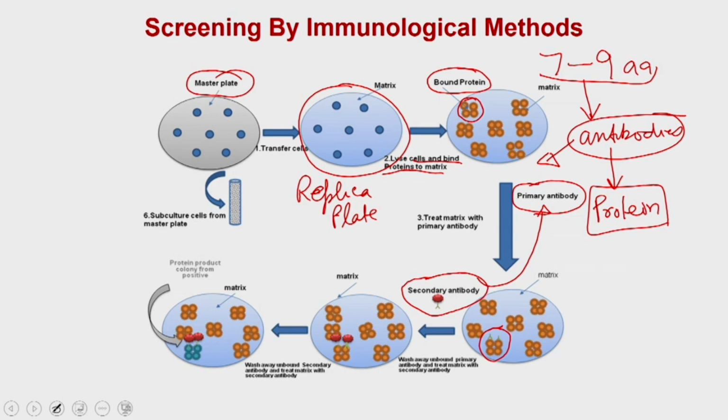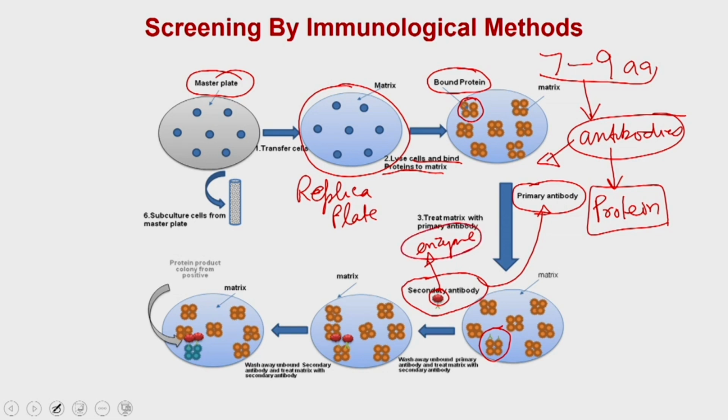Why is it called secondary antibody? Because you are adding it the second time. The secondary antibodies are also coupled to a particular type of enzyme, and this enzyme can be used to catalyze the reaction, because at the end you have to develop.